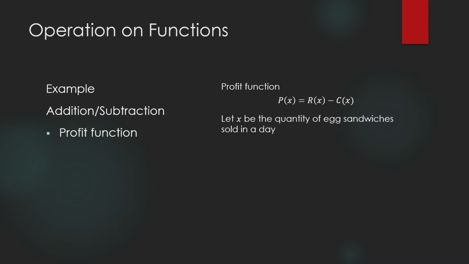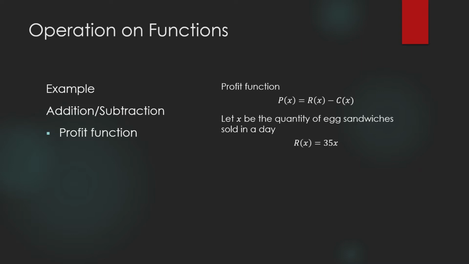For example, let x be the quantity of egg sandwiches sold in a day. Let us say you own a small corner in a mall, and let's say, in this hypothetical situation, you are selling one thing only, egg sandwiches. And let x be the quantity of egg sandwiches that are sold in your snack bar in a day.